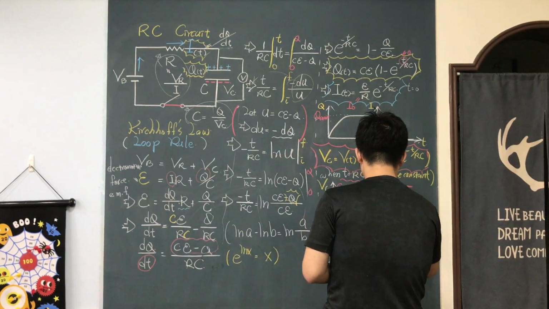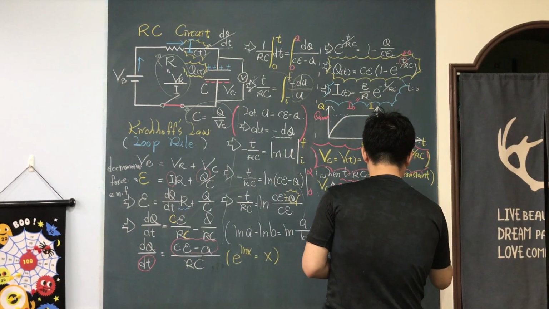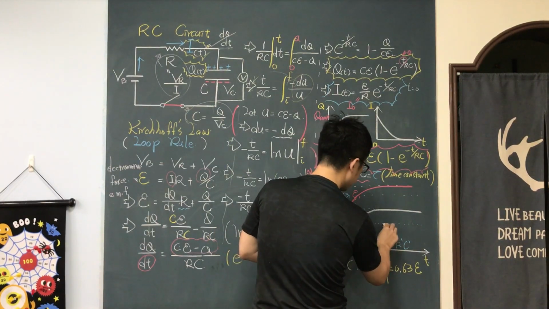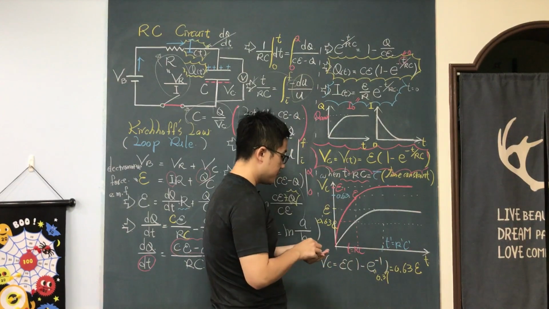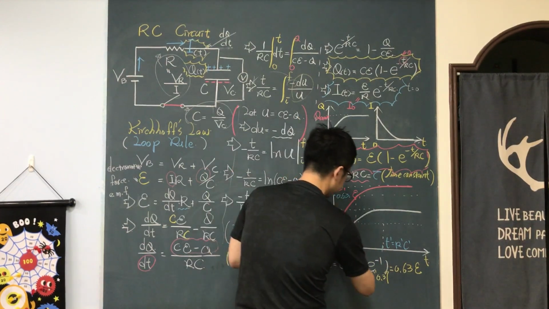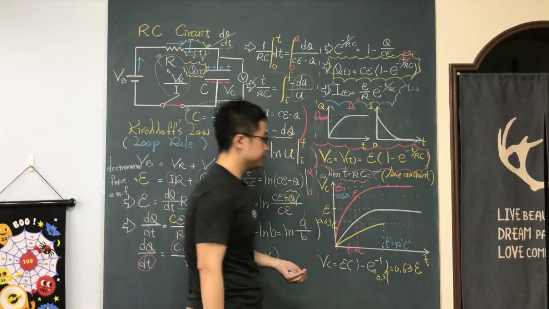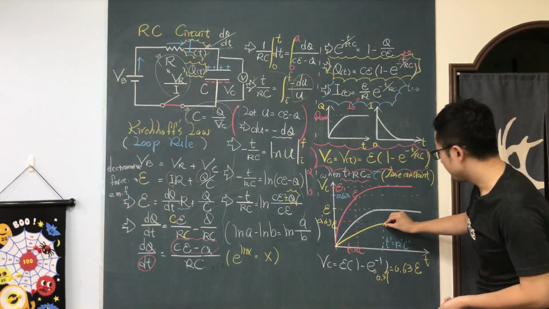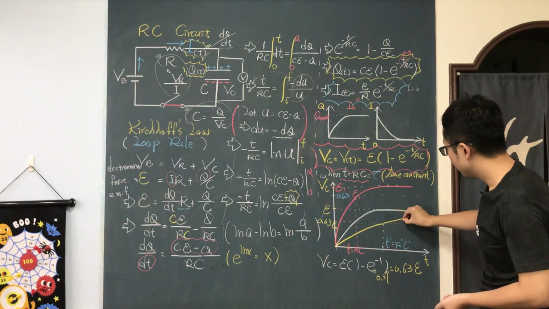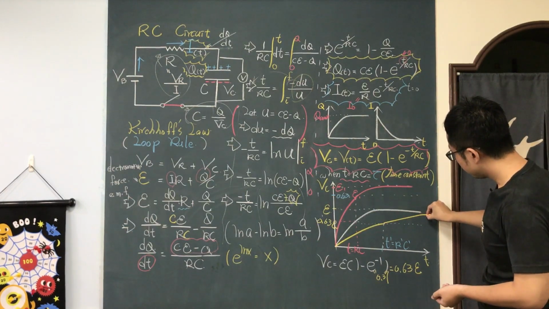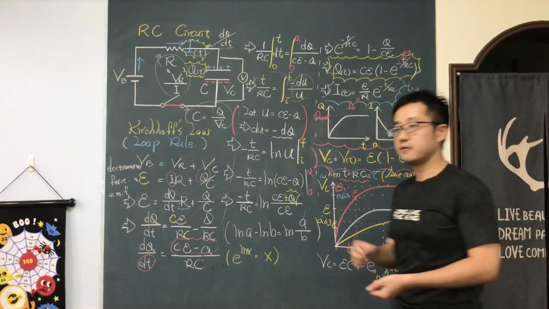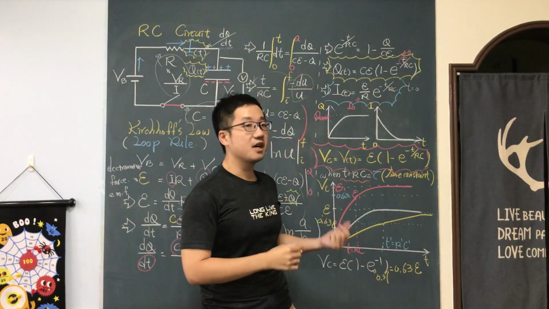So now if I want to charge my capacitor under this time constant to 63% of the maximum value, you would definitely need a longer time. Okay, and then it tapers off and asymptotically approaches E. So this is the physics meaning of the time constant.